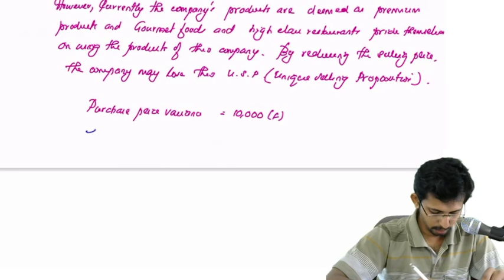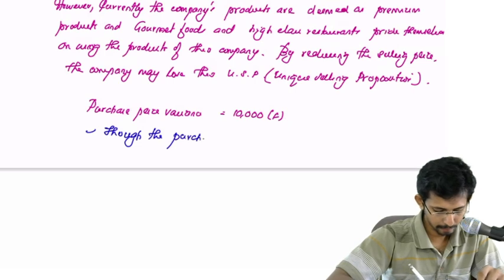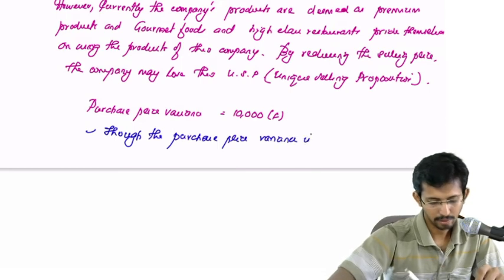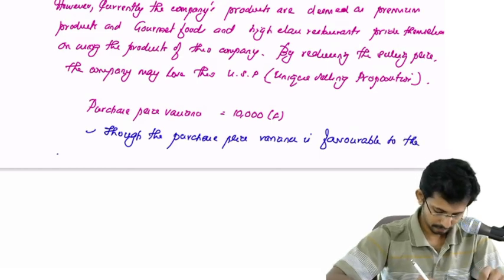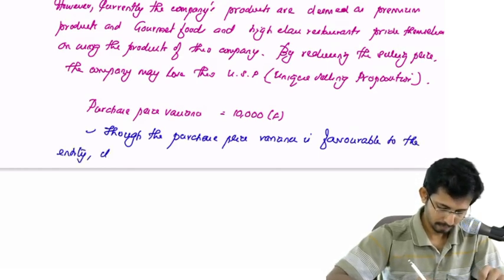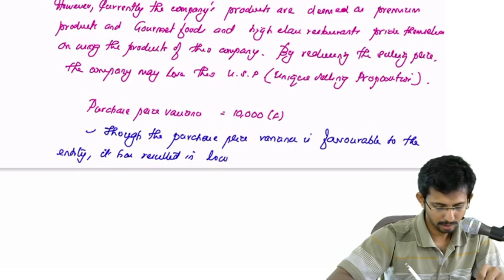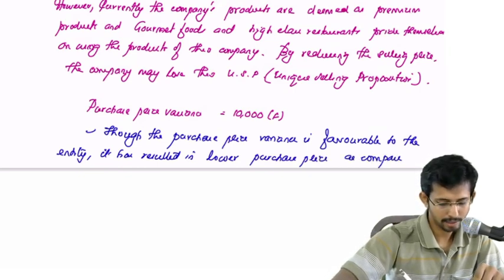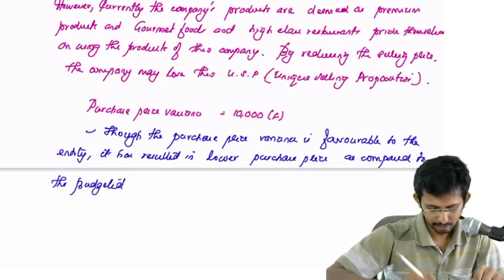Okay. So though the purchase price variance is favorable to the entity, it has resulted in lower purchase price as compared to the budgeted purchase price.